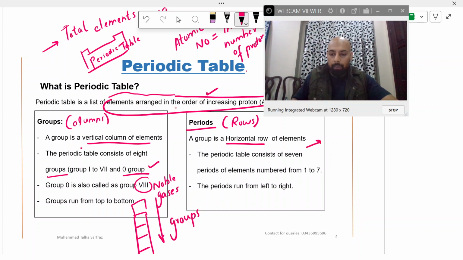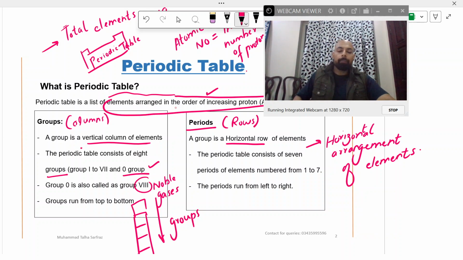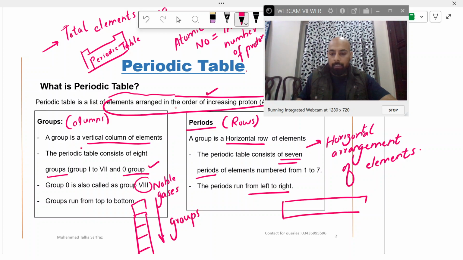You can write it down that this is a horizontal arrangement of elements. The periodic table consists of 7 periods, and they run from left to right along the period, from the left side towards the right side.